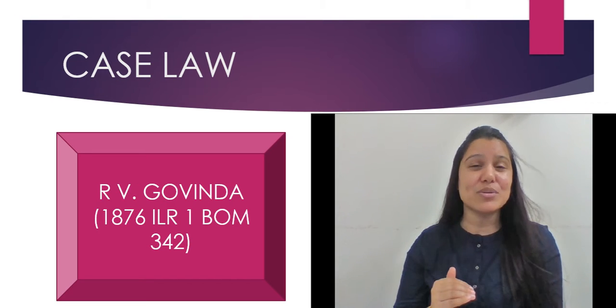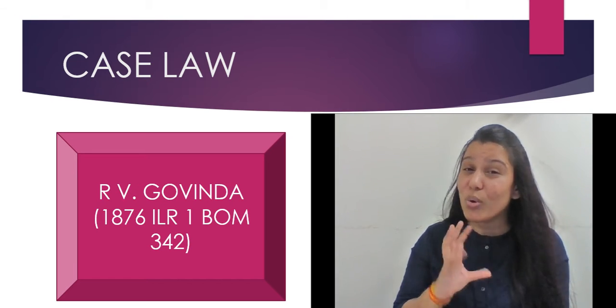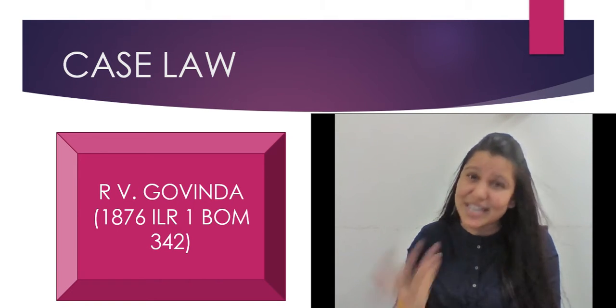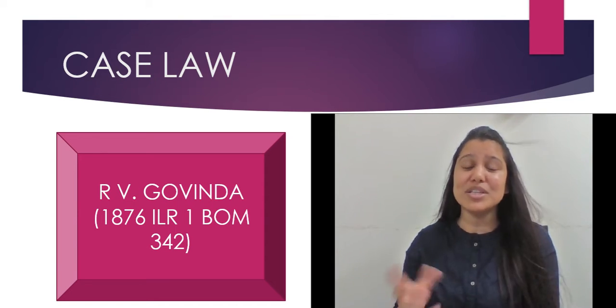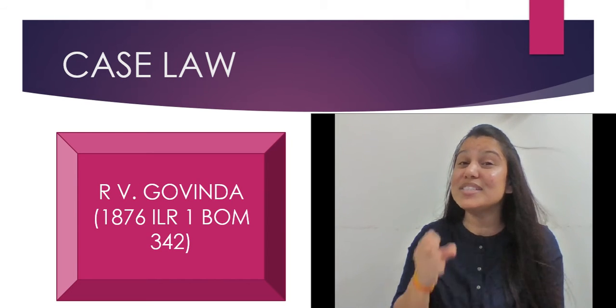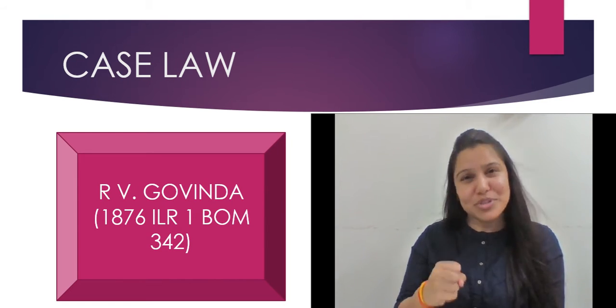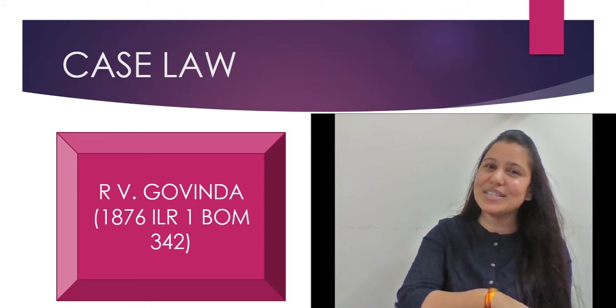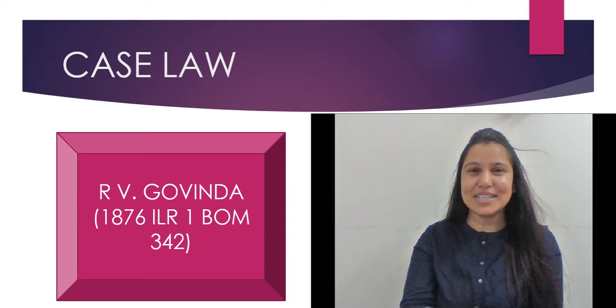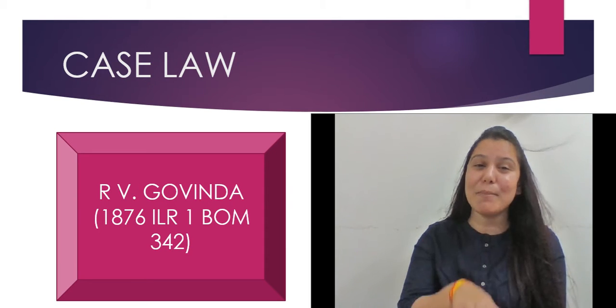But the apex court stated that in the ordinary course, punching somebody on the face three times will not cause death. So he might have had the knowledge, but it is not sufficient in nature. Therefore, he was punished under Section 304, that is culpable homicide not amounting to murder.